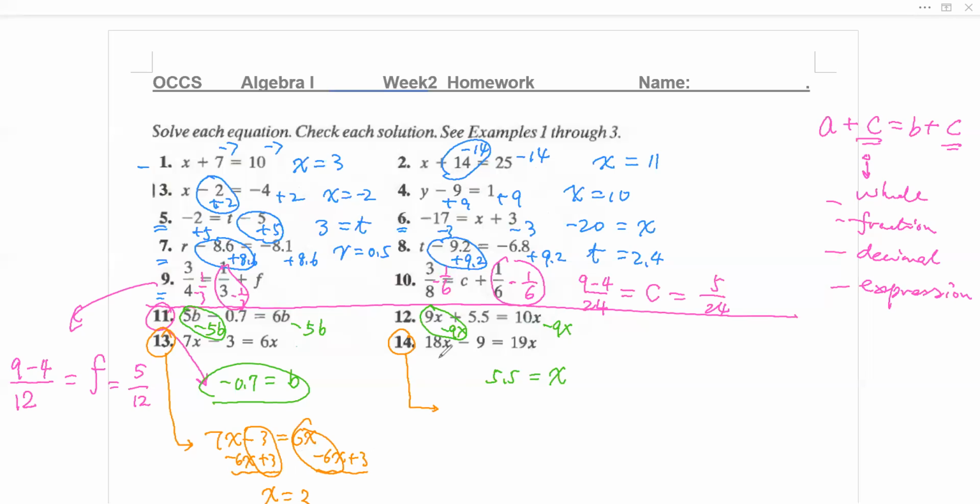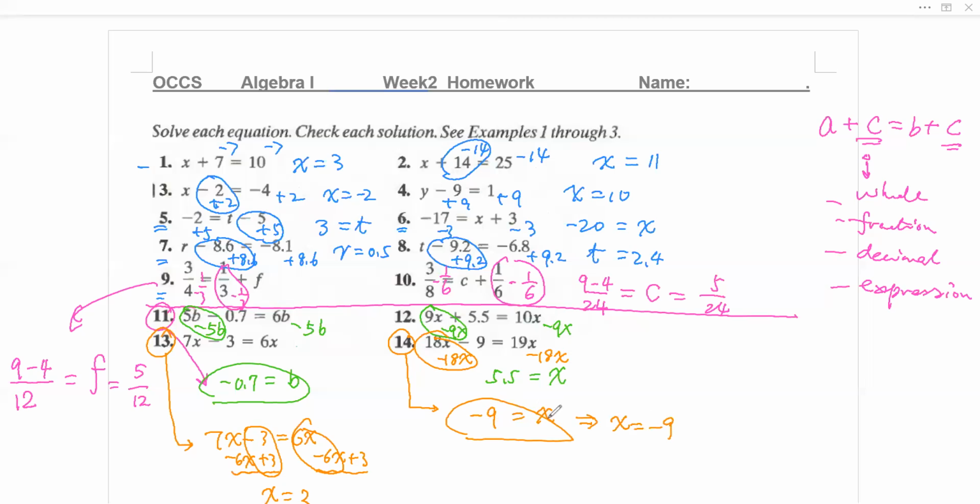All right, let's see number 14 here. Both sides minus 18x. So what's left behind? The left part is negative 9 because here is 0, right? The right part is x. So you find a solution. Actually, this can be rewritten. We put the x on the left or right. We just switch left and right. Both work, right?